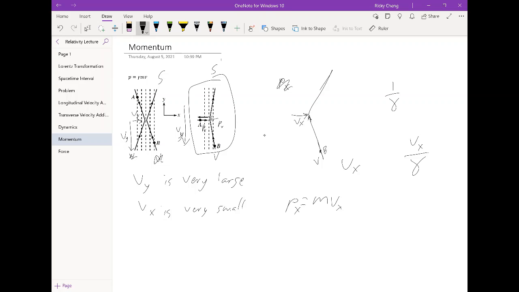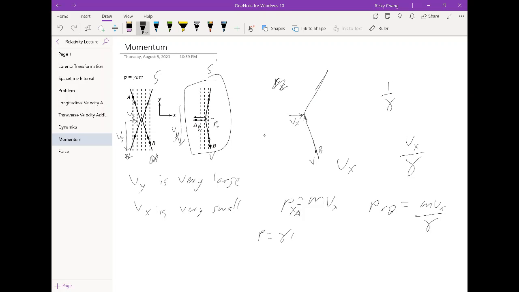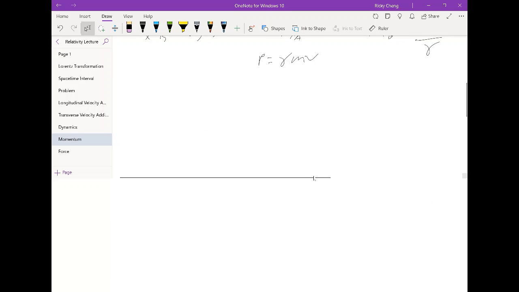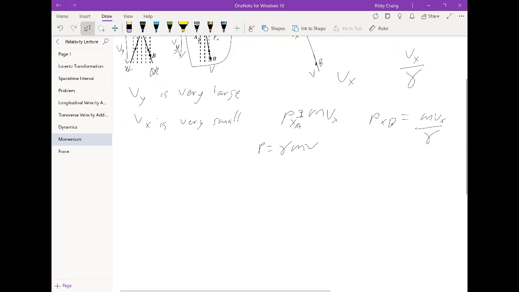But with P equals mv, Px equals mvx for A, while for B the momentum will be mvx over gamma. Clearly, these are not the same. So obviously the old Newtonian definition of momentum cannot work in a relativistic world. But if we take this definition, P equals gamma mv.